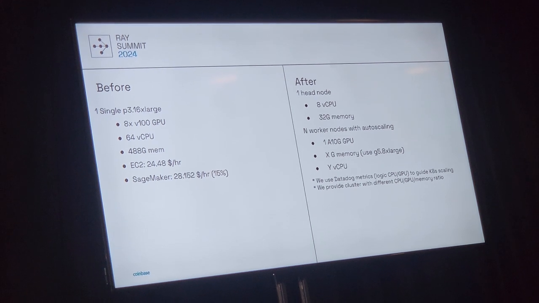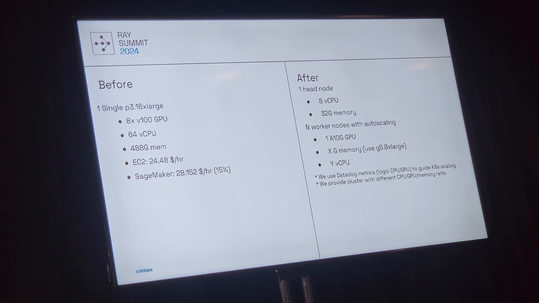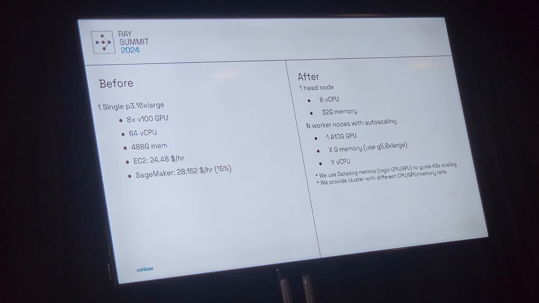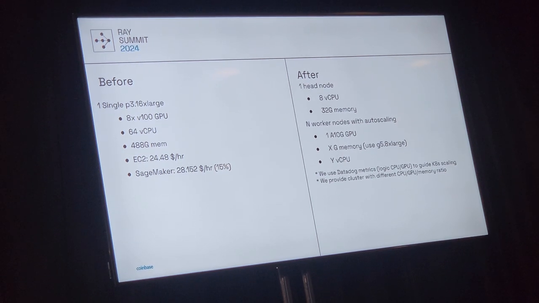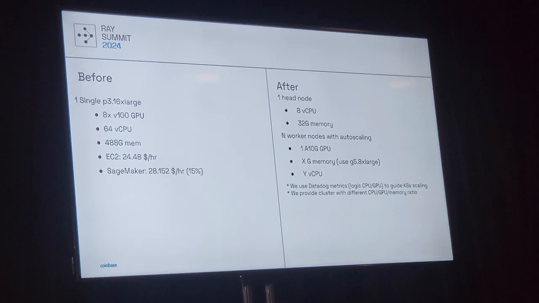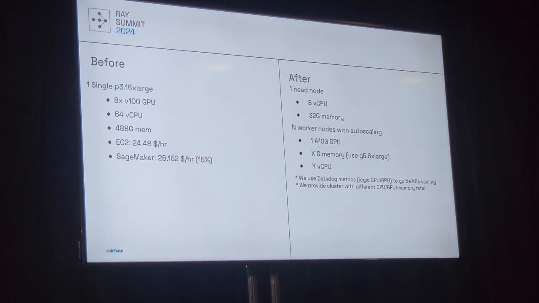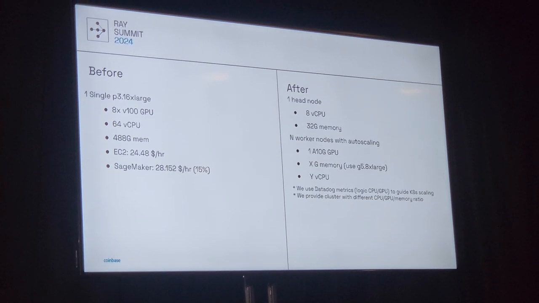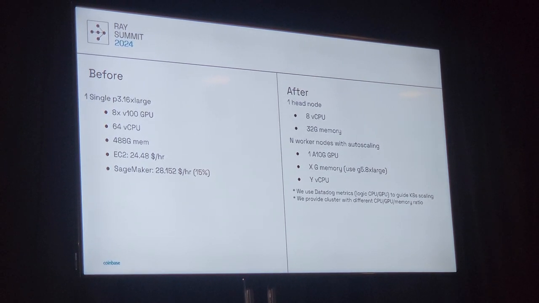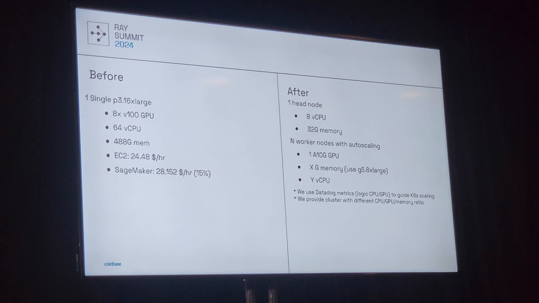For some reason we cannot use Kubernetes, so we use this hack of logical CPU and GPU utilization to guide the scale up and down. And we provide clusters with different CPU-GPU ratios for different cases. Sometimes it's CPU intensive, so you probably want a higher CPU ratio. Sometimes you just need more GPU, as suits your case better.